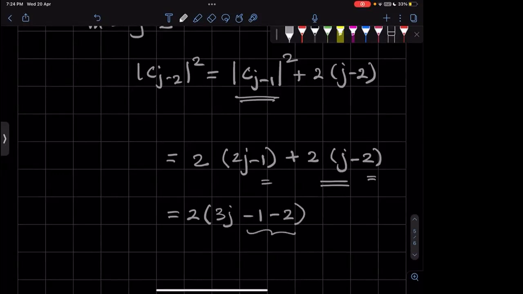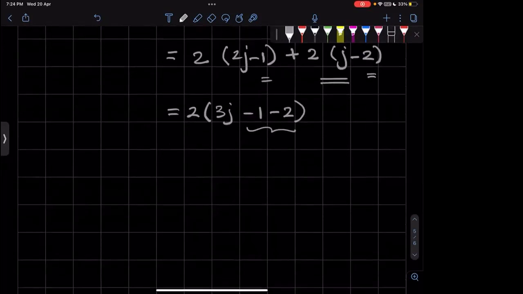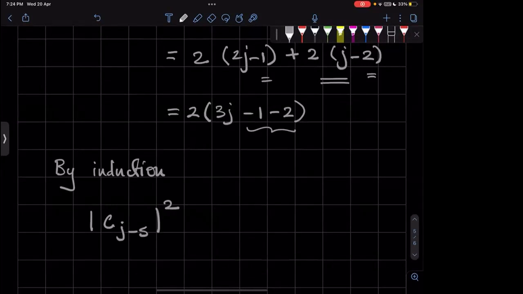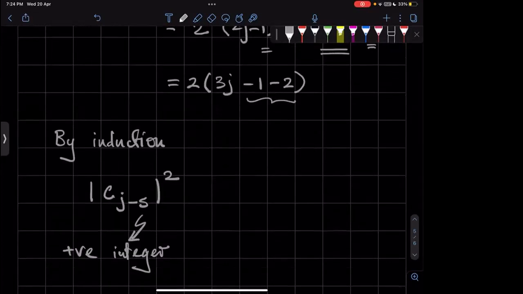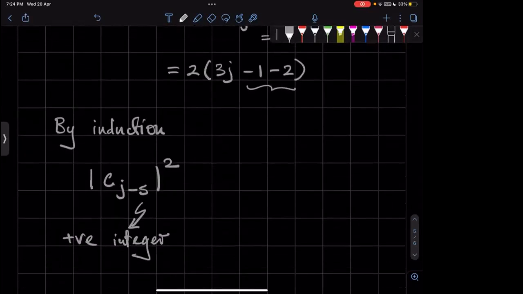So now by induction, we are basically doing an induction. So by induction, we arrive at the value of cj minus S squared, where S is a positive integer, because it's counting the number of steps I'm taking in the recursion relationship.